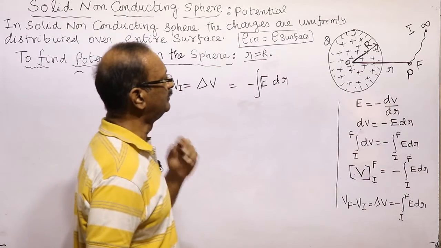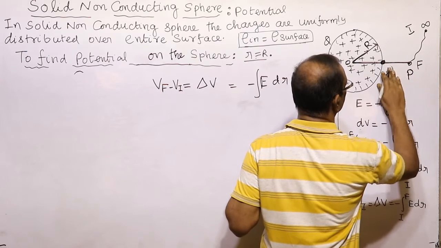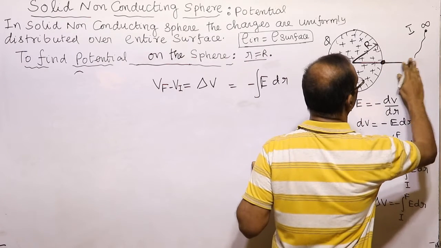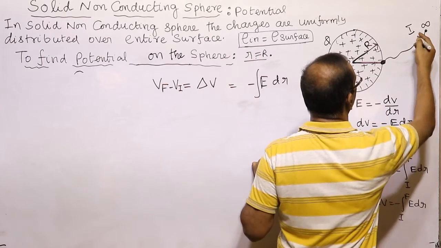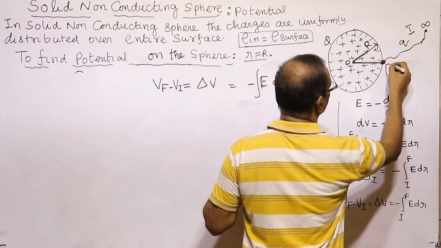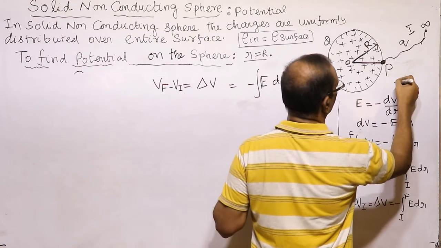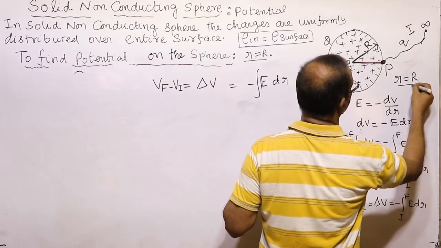Similarly, we want to find the potential at the surface of the sphere. It means the charge is brought from infinity up to the surface of the sphere, where the distance from the origin is equal to the radius itself.